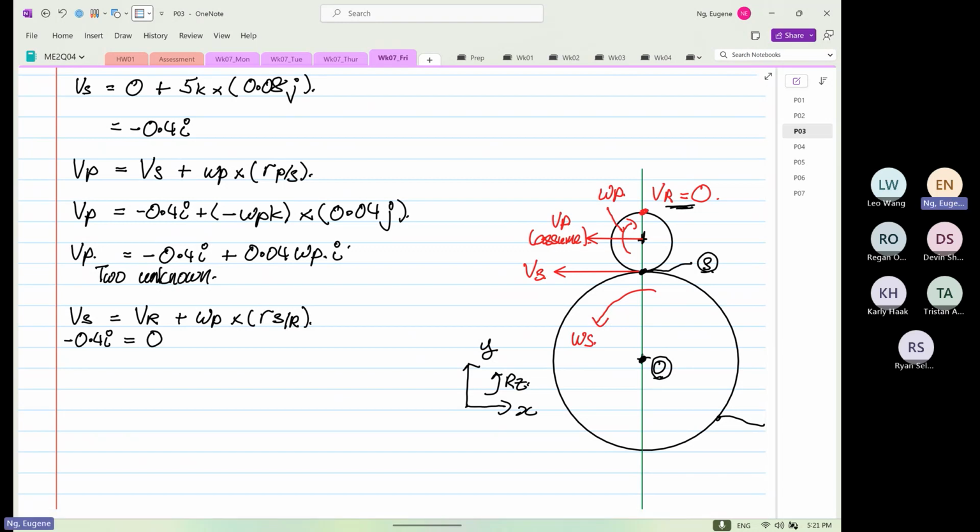Vr is equal to 0 plus minus omega P K cross R. So from point R, we want to go, so it's minus.